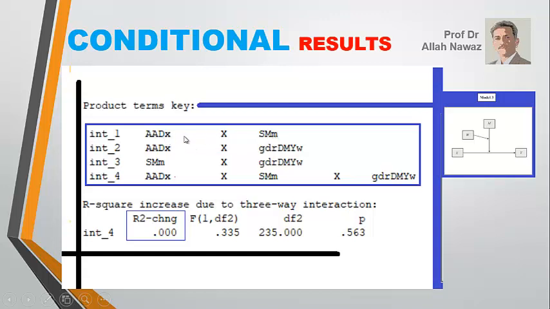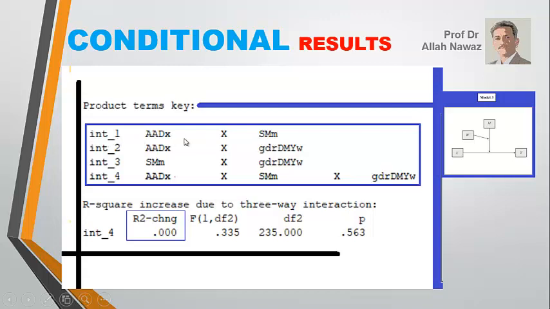First, both the x and the m or w, or any mediator or moderator, are centered, and then the outputs of the centered scores are multiplied to get the product of interaction.